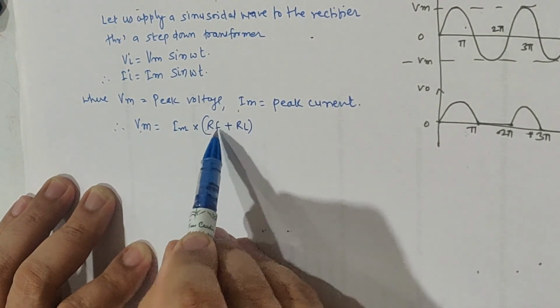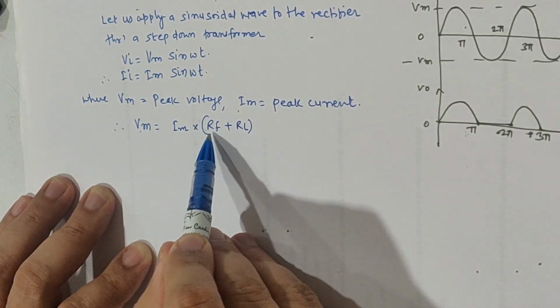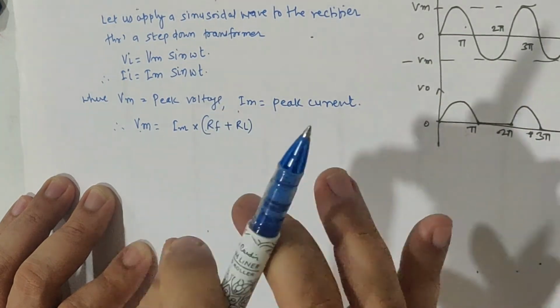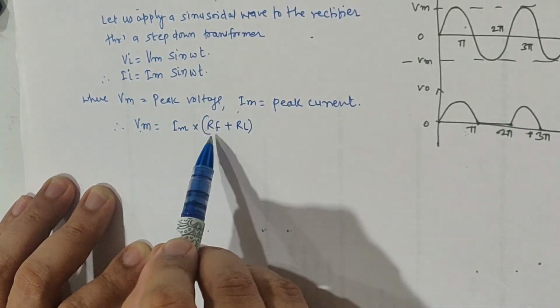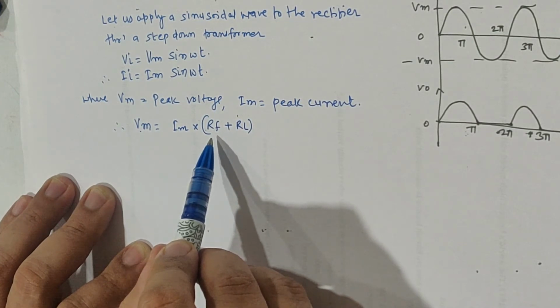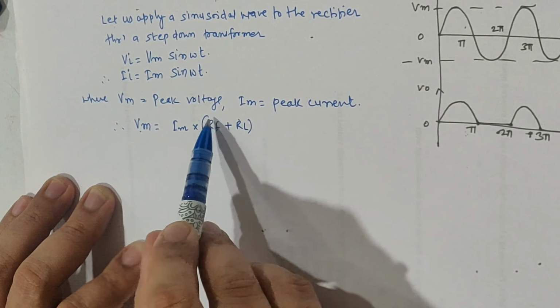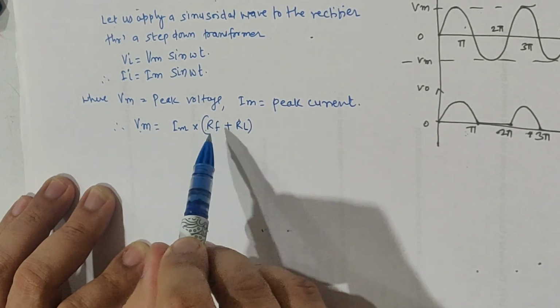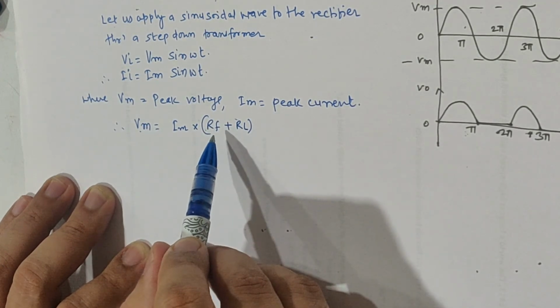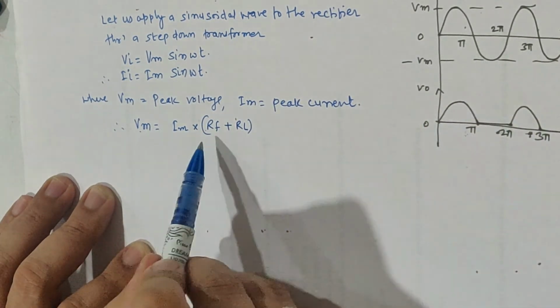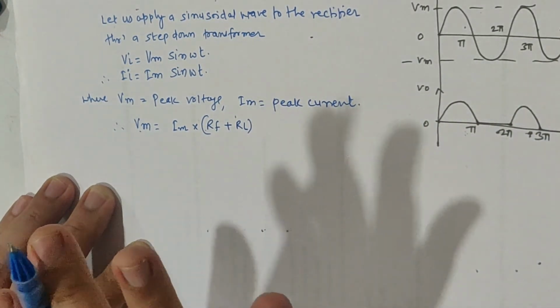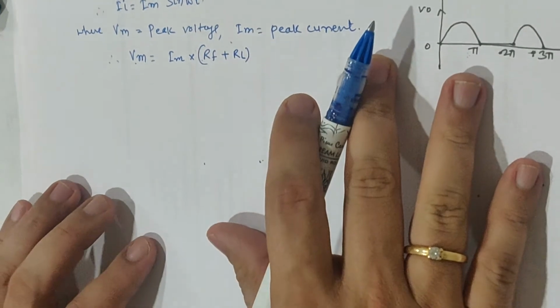Now from where has this RF come? It has come from the fact that the diode has some internal resistance, and that internal or forward resistance is considered to be RF, which is very small. So if I compare it with RL, I can neglect RF. Remember this. I can neglect RF if I want. But for analysis purposes, let us have the perfect analysis, and that's why I'm considering this RF value. Simple.